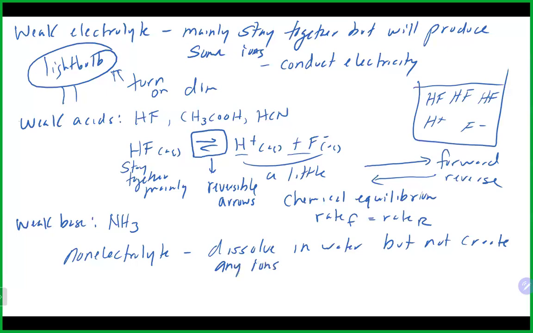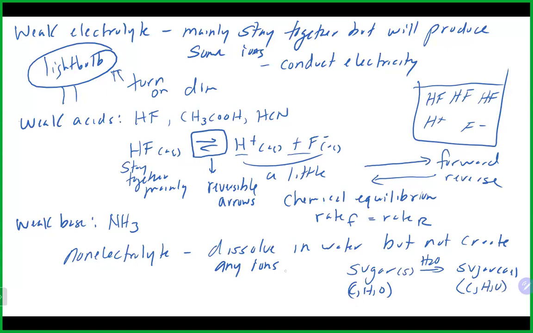So it's able to dissolve in water, but not create any ions. A common example would be sugar, right? You can put some sugar in some water, and you'll end up with sugar that's dissolved in a solution. The deal with sugar is it's carbon, hydrogen, and oxygen, and that is all covalently bonded, no ions, right? So this guy is still covalently bonded on this side.